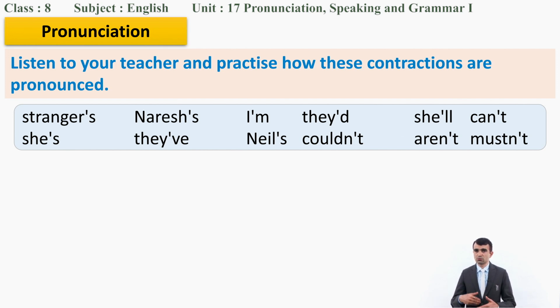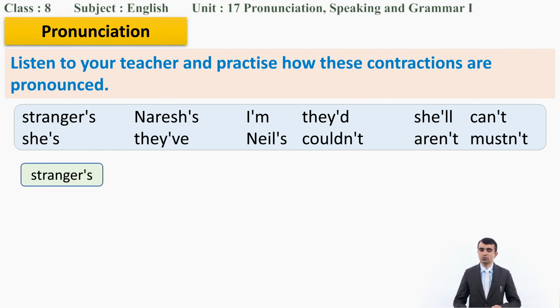Let's try them. Are you ready? I will say the word and you will follow me. Listen to me and then repeat after me. The first one is strangers. Strangers.